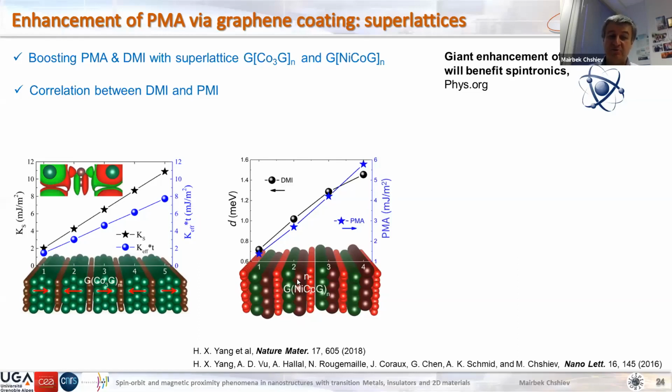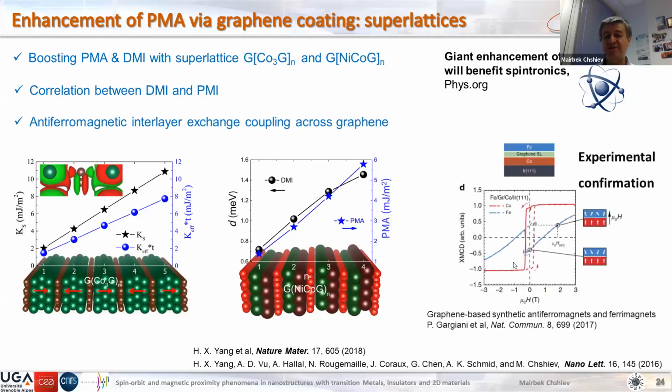Then what you see in this figure here, we decided actually to do nickel-cobalt, and I will show that work in more detail later with the DMI. But what is interesting is that in such superlattices, you can see that again both DMI and PMA are getting enhanced, and they are correlated.